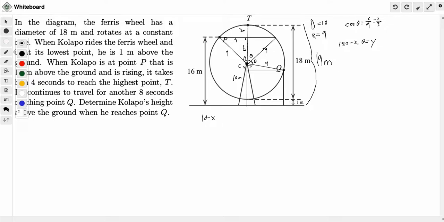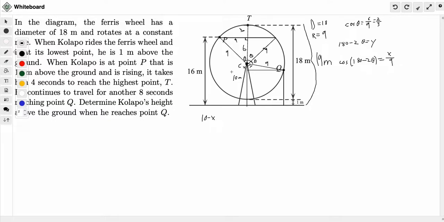And so now I can form an equation to solve for the distance. So cosine of 180 minus 2 theta, which is this angle y, is equal to x, adjacent over hypotenuse, so x over 9.